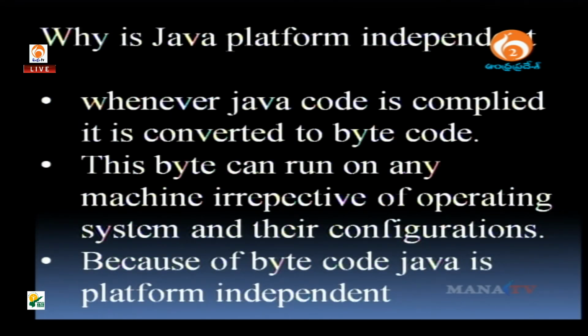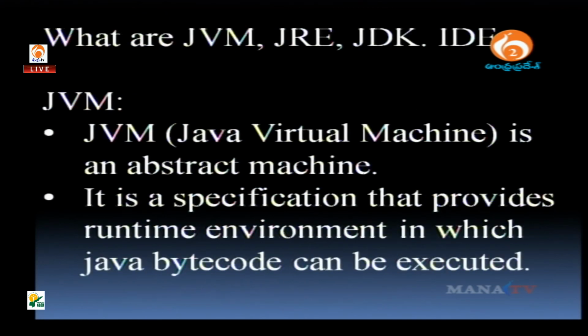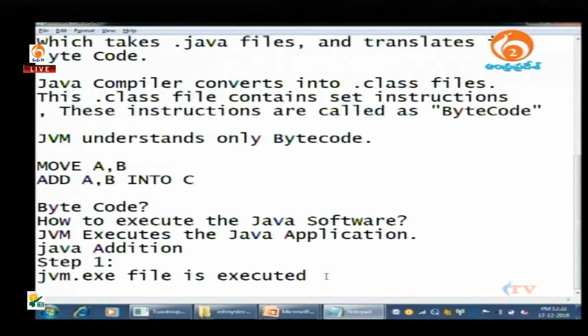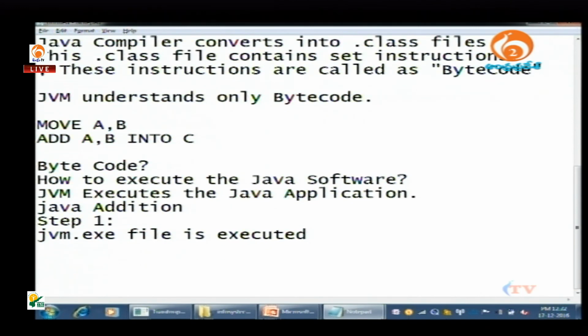So just you can see here, whenever the Java code is compiled, it is converted into the bytecode. Just now we have seen that the addition.java file is compiled and converted into the bytecode. I will write the steps once again.